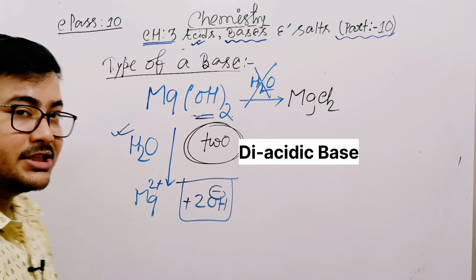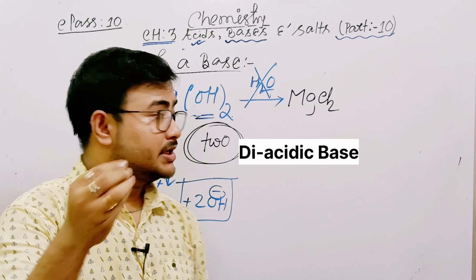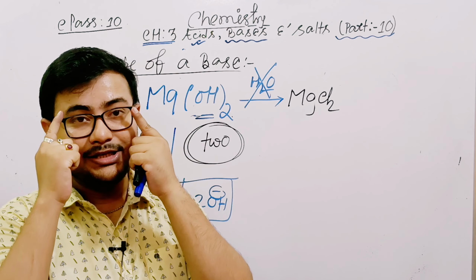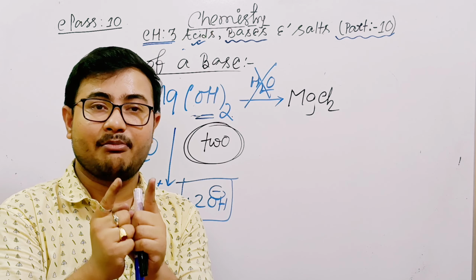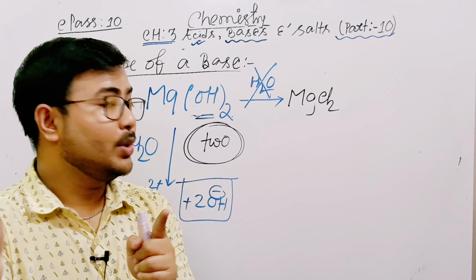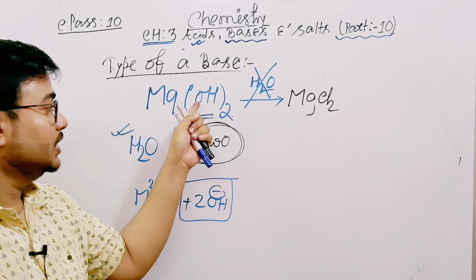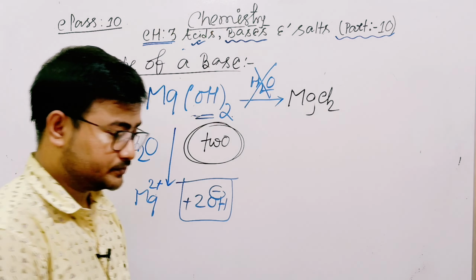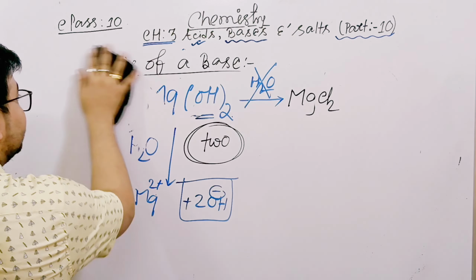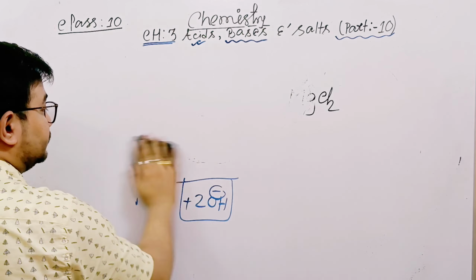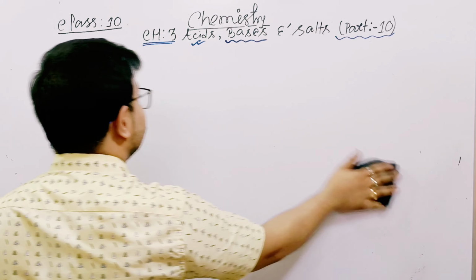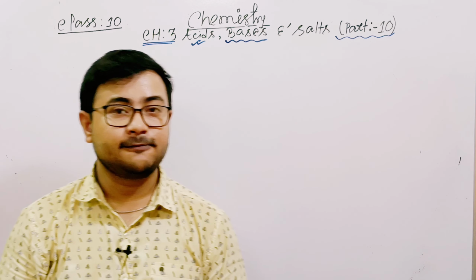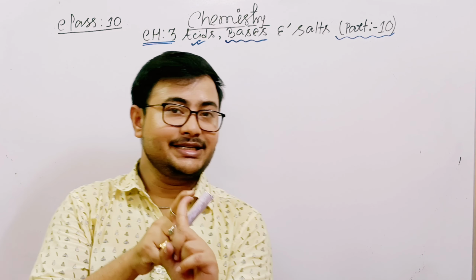So this is for your concept, what is the case of the base if it is insoluble. In the case of an insoluble base, you have to check the number of displaceable OH minus ions, displaceable by any other ion. Okay, done. This is the complete concept of acidity of a base.